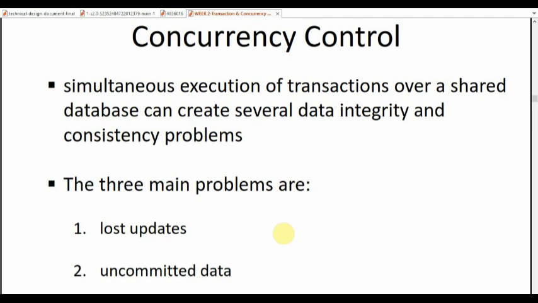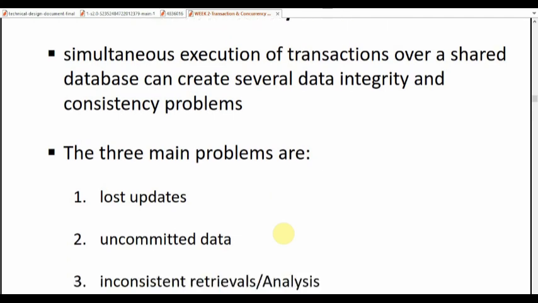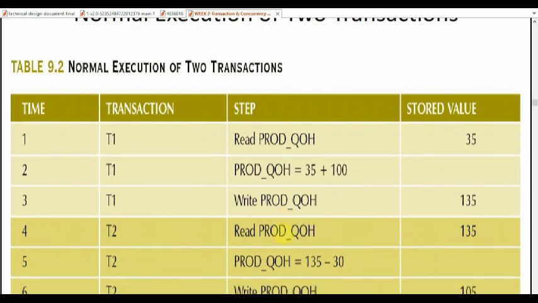In a multi-user environment, it's possible for transactions to create several data integrity and consistency problems, and we are looking at them from these 3 main problems that might occur. We have lost update, uncommitted data, and inconsistent retrieval or analysis of data. Let's look at it via these examples.